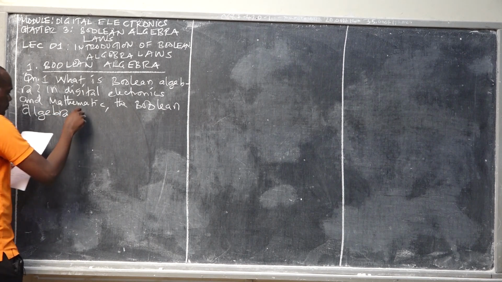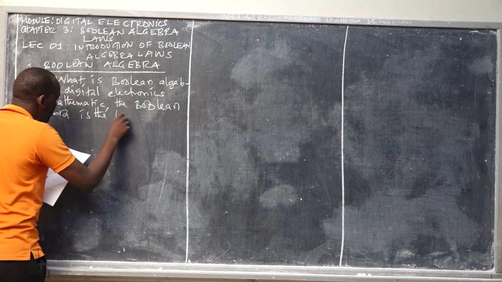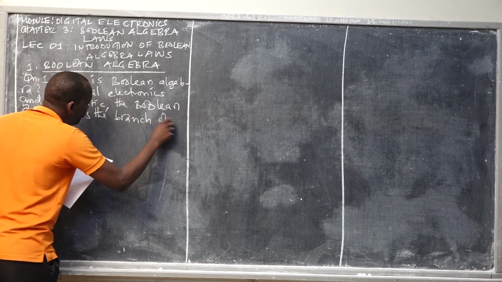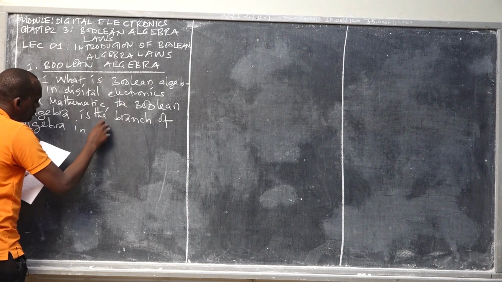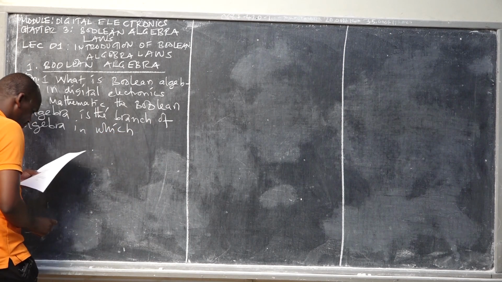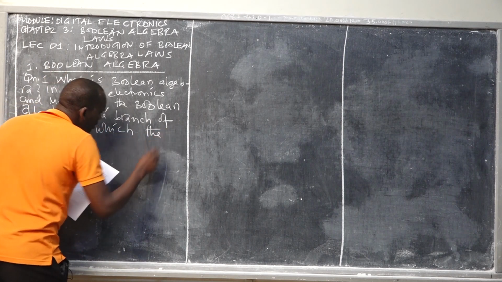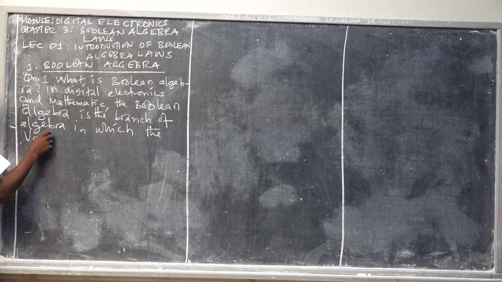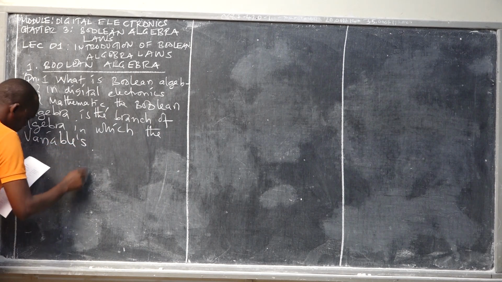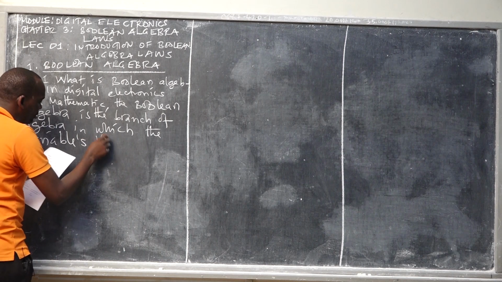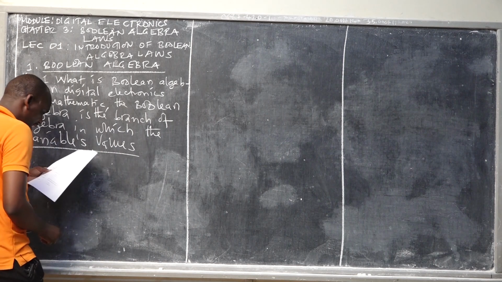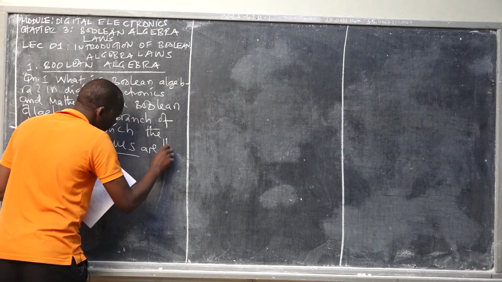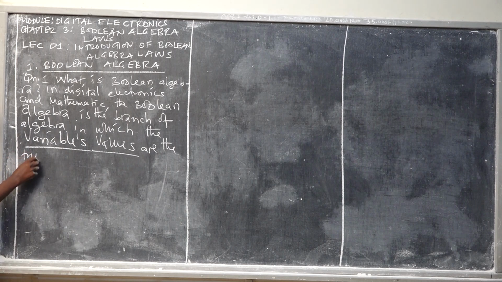We say that this is a branch of algebra in which the variable values are the truth values.